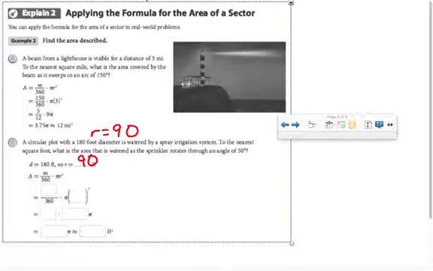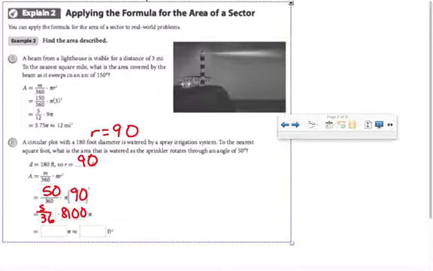I put the 50 over 360 times pi times 90 squared. 50 over 360 just reduces to 5 over 36 times, this is 8100 pi.